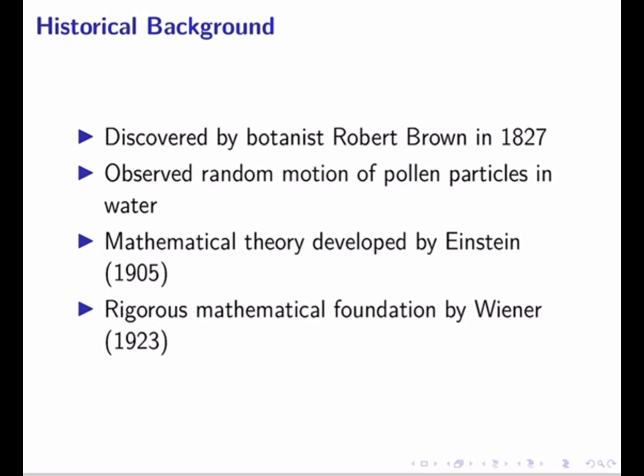Almost 80 years after, Albert Einstein provided a theoretical explanation for this phenomenon in 1905, connecting it to the kinetic theory of heat. Later, mathematician Robert Wiener developed the rigorous mathematical foundation for Brownian motion, which is why it is sometimes called the Wiener process.